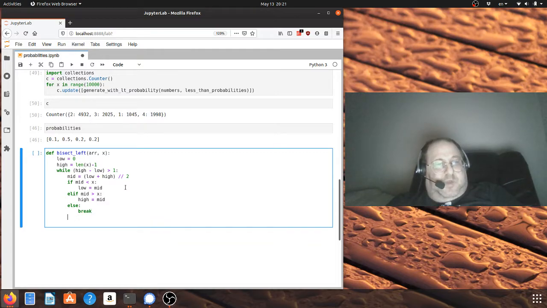So when we break, we know that array of low is less or equal to x. So we can do return low.